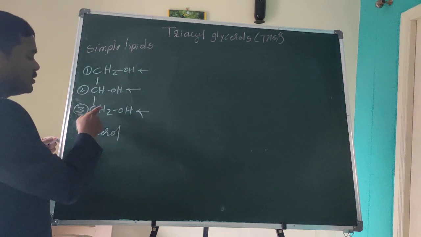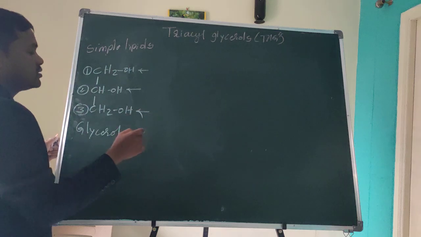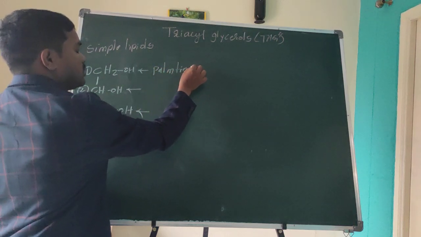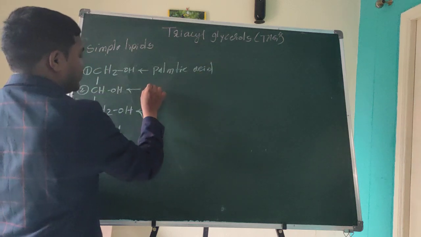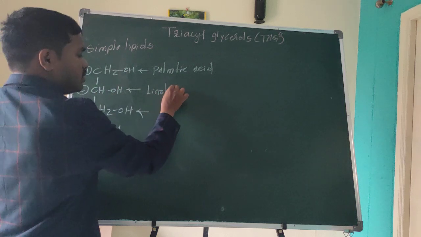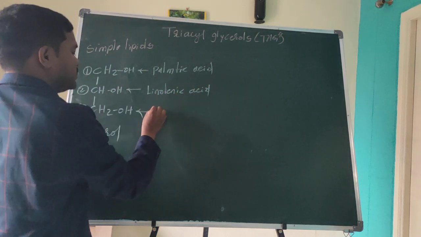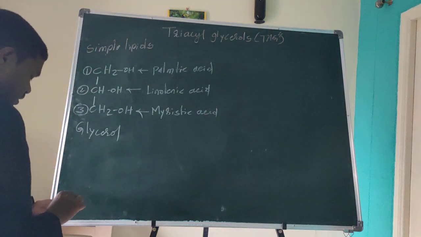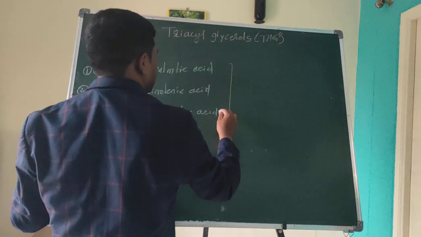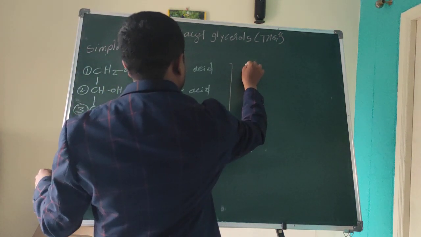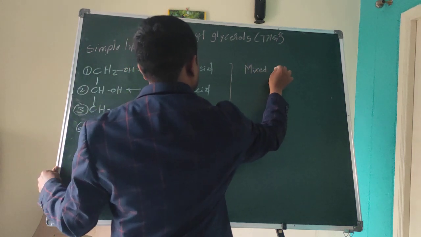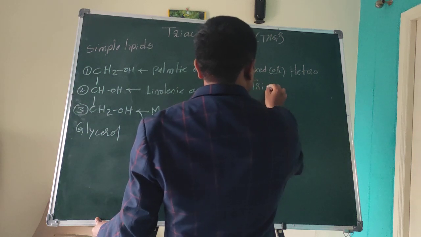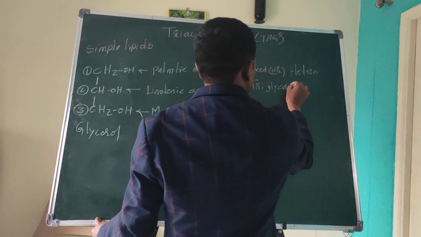If the three positions are linked by ester bonds with mixed fatty acids, for example one position palmitic acid, another linolenic acid, another myristic acid, this is heterotriglycerides, mixed or heterotriglycerides.